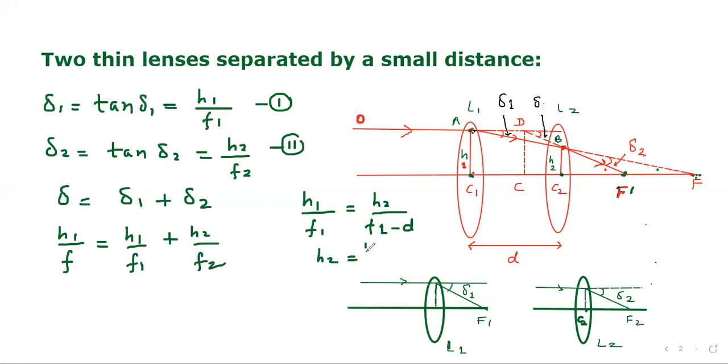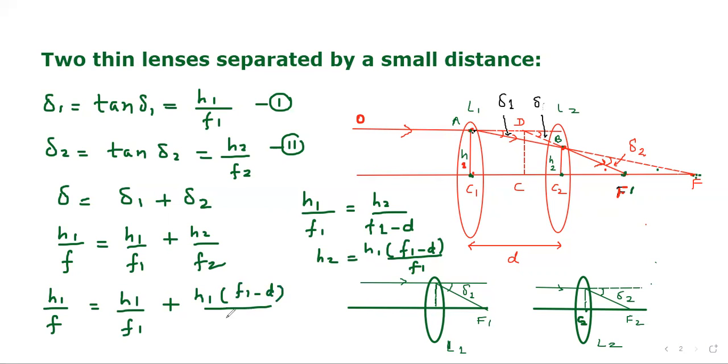So H2 will be H1 times F1 minus D divided by F1. So we put this value here, H1 upon F equals H1 upon F1 plus H1 times F1 minus D divided by F1 times F2. Now we simplify it.